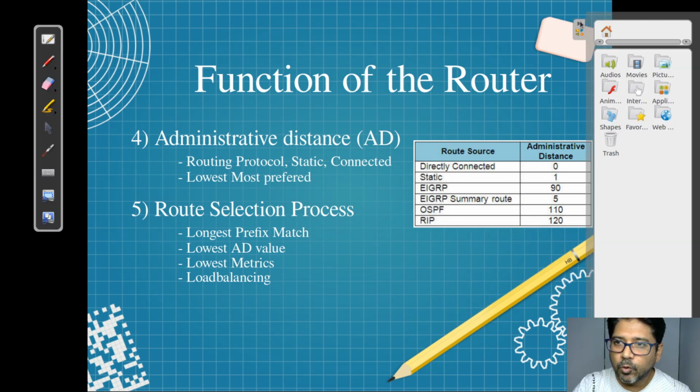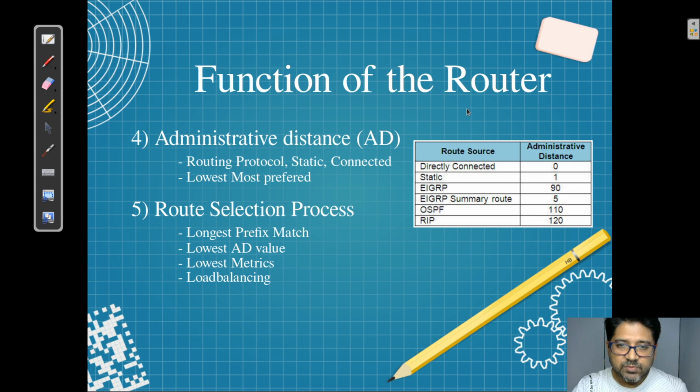These five functions are going to be observed and discussed in each and every routing protocol when we do the lab for static and connected routes, as well as RIP, OSPF, and EIGRP.